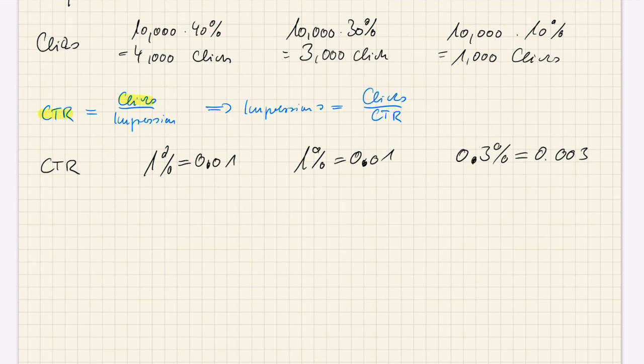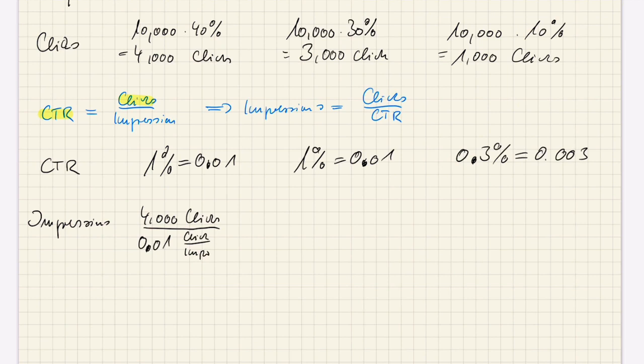Now let's have a look at impressions. Based on the above figures, we can do a calculation. We see we have 4,000 clicks divided by 0.01 clicks per impression.